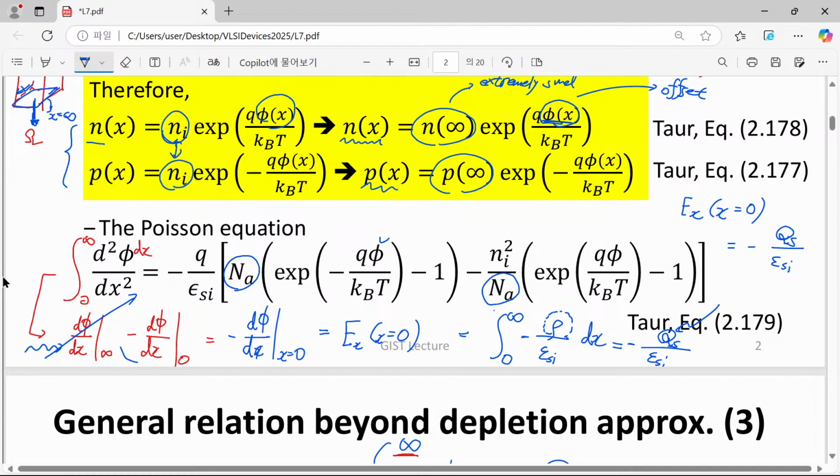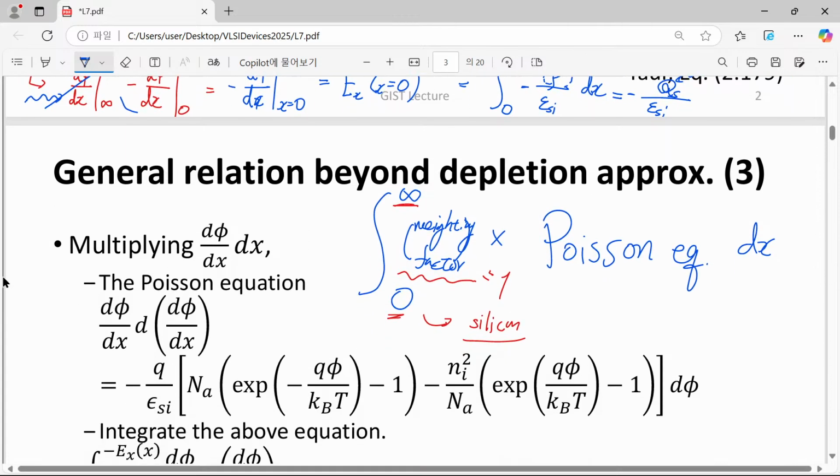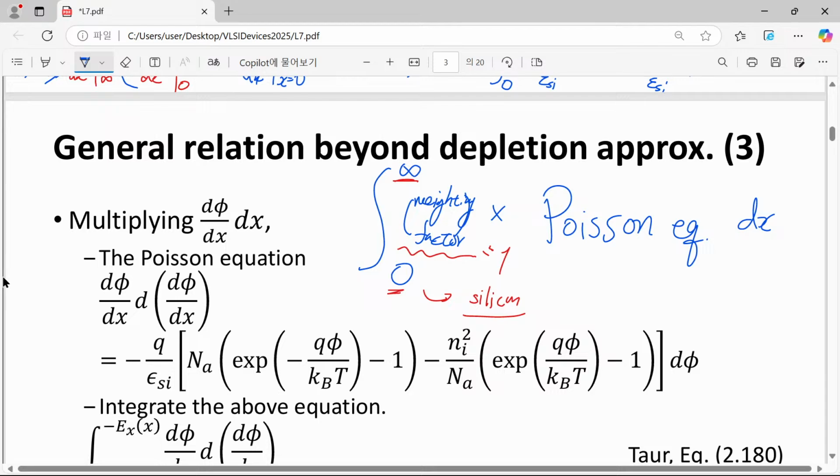Well, today's lecture starts from this simple question. Our procedure is to multiply by this weighting factor. Yes, we can do it. If 1 equals 1, then if we multiply something, say 3, to the right hand side and left hand side, we will still have equality. That is our procedure. Any arbitrary weighting factor can be multiplied to the system, and the equality should hold at every weighting factor.